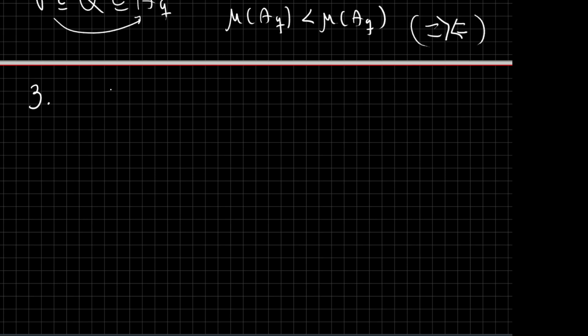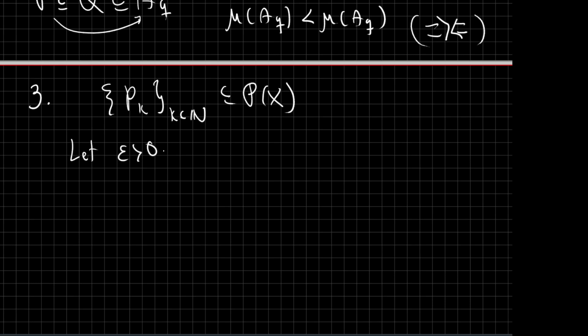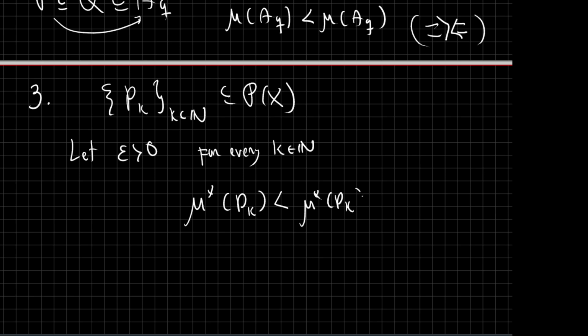Suppose that we have some indexed family of elements, of course it should be countable, of elements inside the power set of X. Let epsilon be some positive number, and we have that for every k, mu star of Pk is strictly less than mu star of Pk plus epsilon divided by 2 to the power of k.